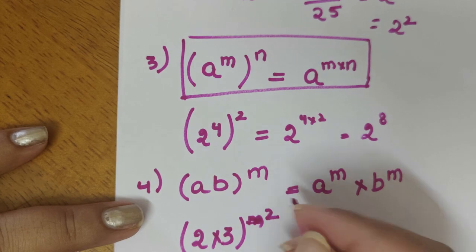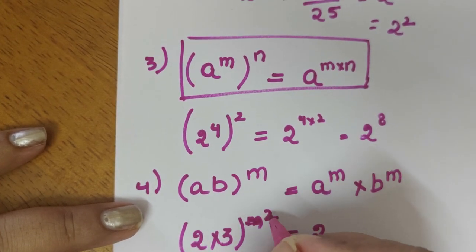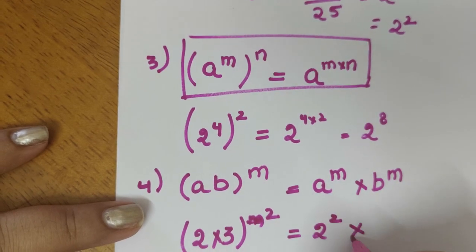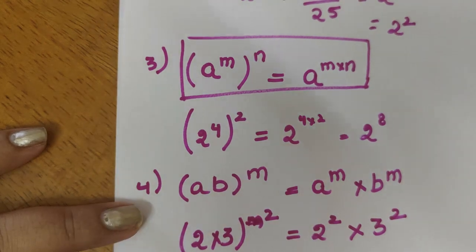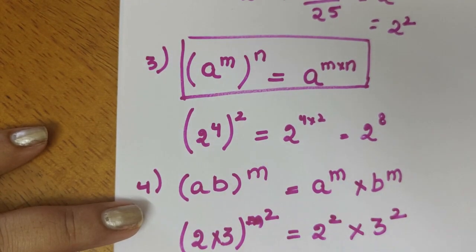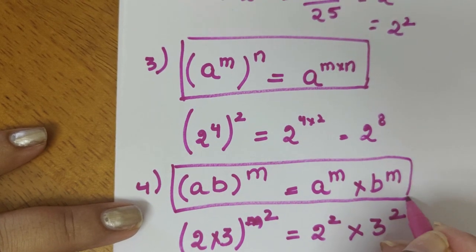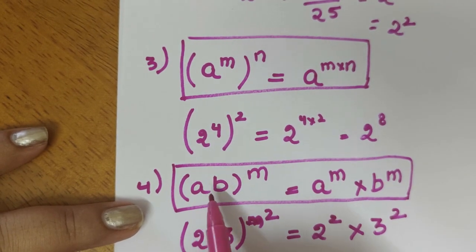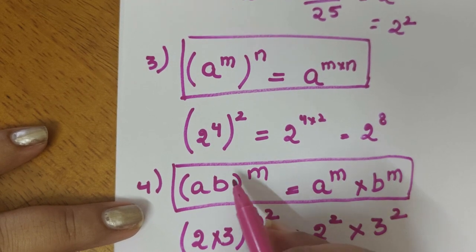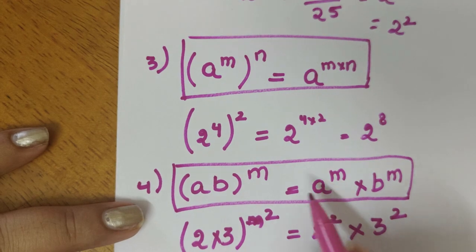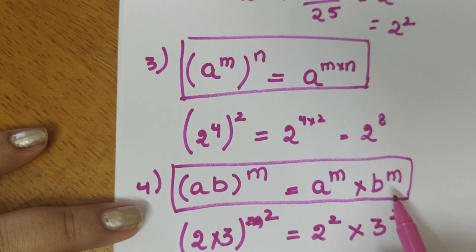When I remove the bracket, 2 is also raised to the power 2 and the other term is also raised to the power 2. Is this clear? So the fourth one we learned is, if there are integers inside a bracket raised to a power, when we remove the bracket, the power will come on each individual integer.